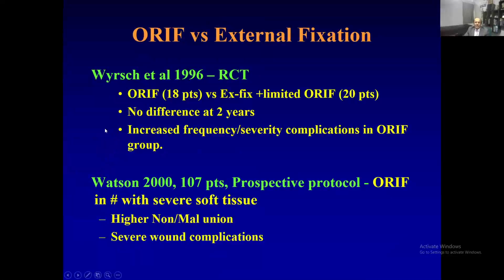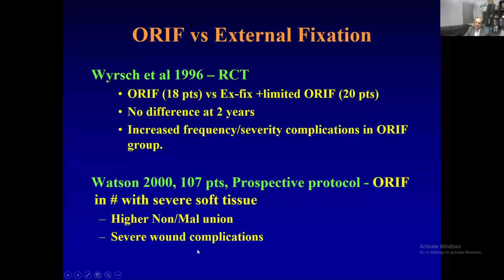Now, if we look at literature, this study compared ORIF with X-fix plus limited internal fixation. Though at 2 years there was not much difference in the final results, with the ORIF group they observed increased frequency and severity of complications. Now there is another prospective study with a protocol of ORIF.